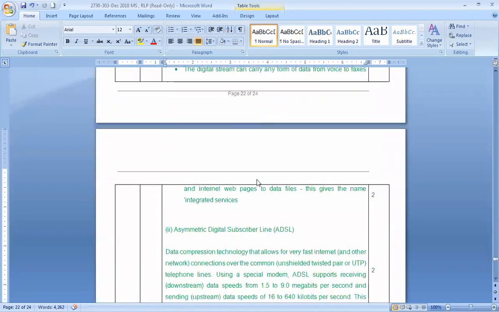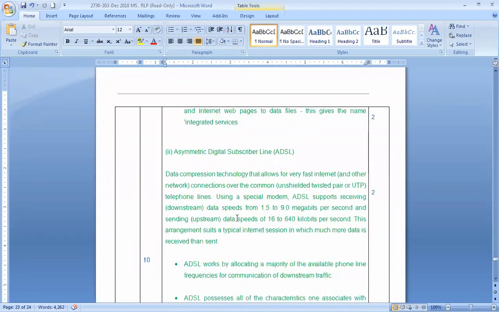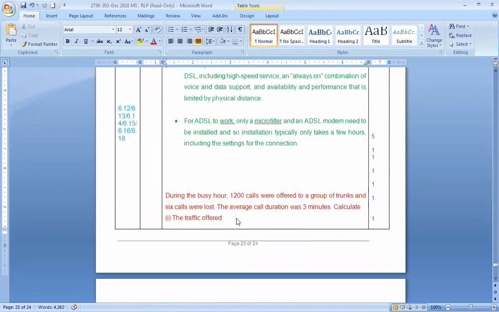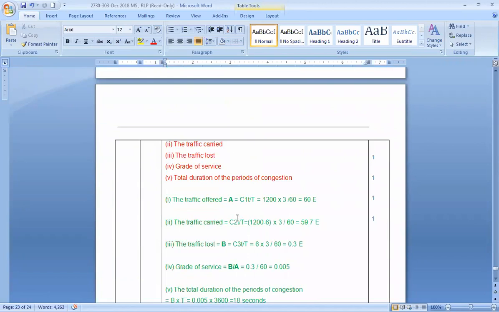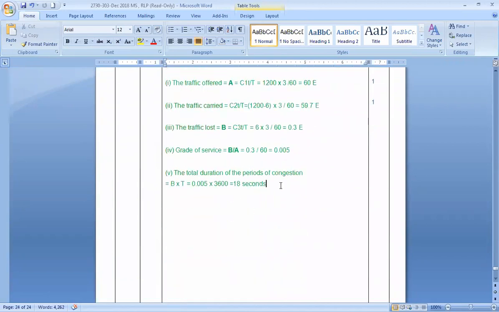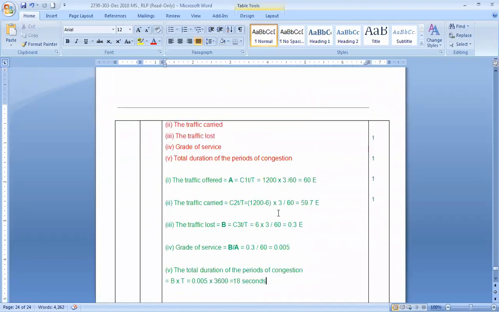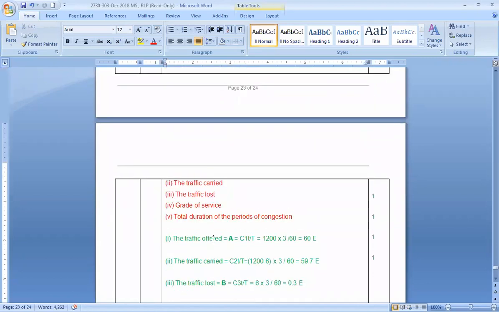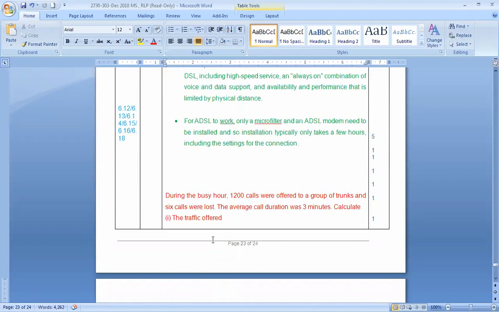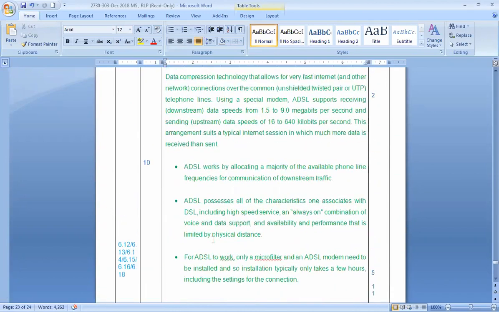So we'll try catching up in the next session, and we'll learn about network performance, right? Grade of service, traffic lost, traffic offered, right? So how these networks are measured, and how to extract data from this information and ultimately make your networks better.